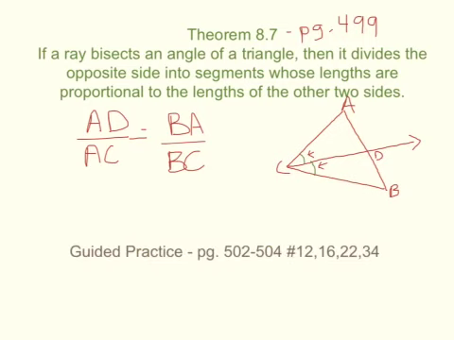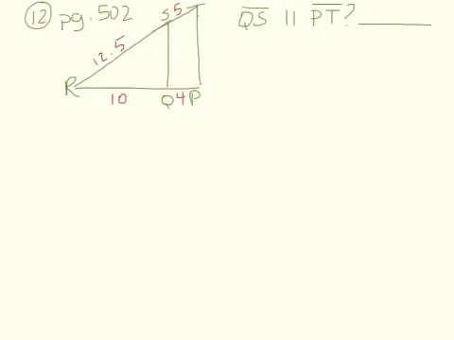So I'll be doing 4 problems as examples. That's pages 502 to 504, numbers 12, 16, 22, and 34. Okay, on number 12, they're asking us to determine whether the information that they give us implies that QS is parallel to PT.